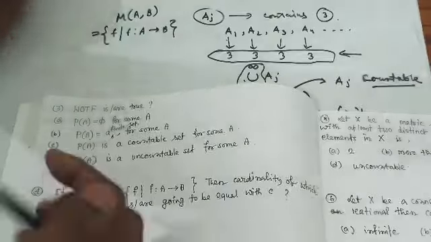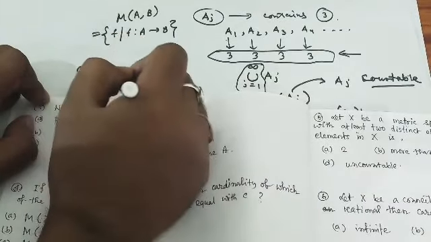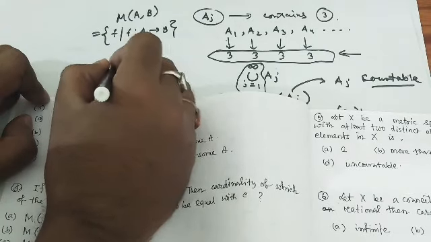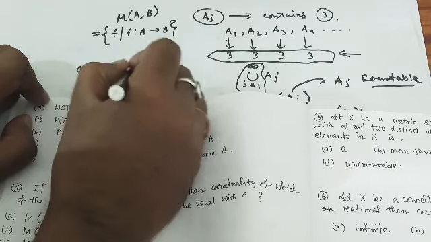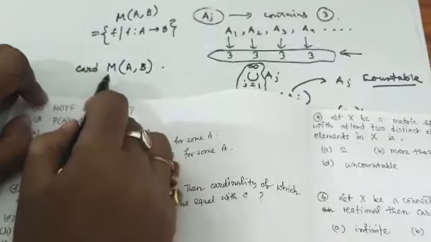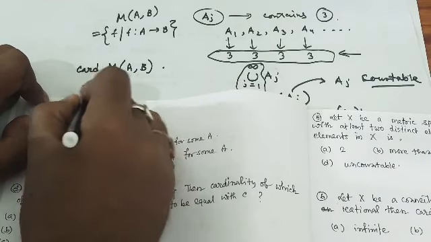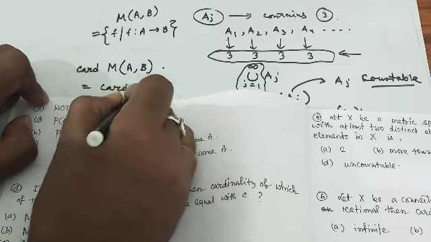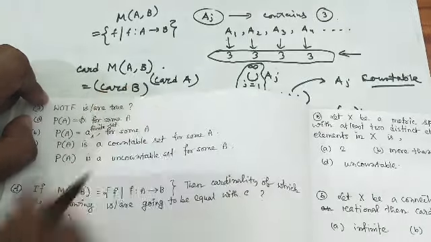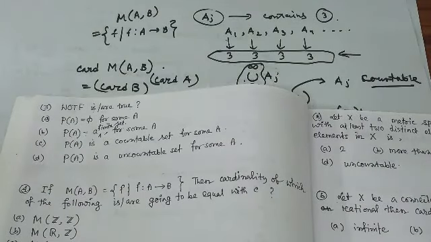You know a very basic thing, the cardinality of a set. Suppose I'm considering M(A,B). The cardinality of this, that is the collection of all possible functions from the set A to B, is nothing but the cardinality of B to the power cardinality of A. In the very first videos we have discussed these things.